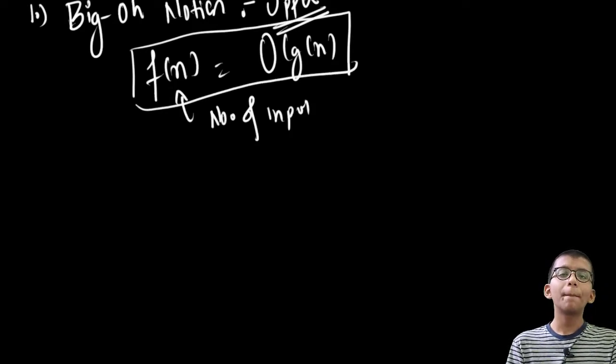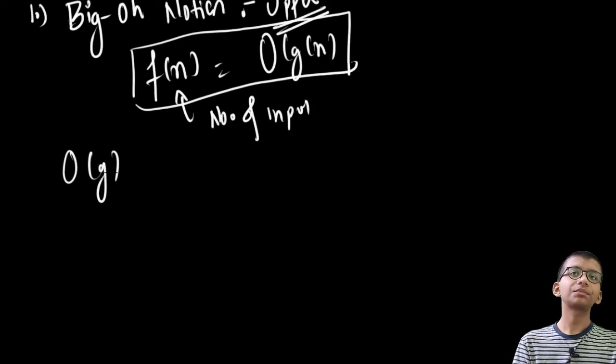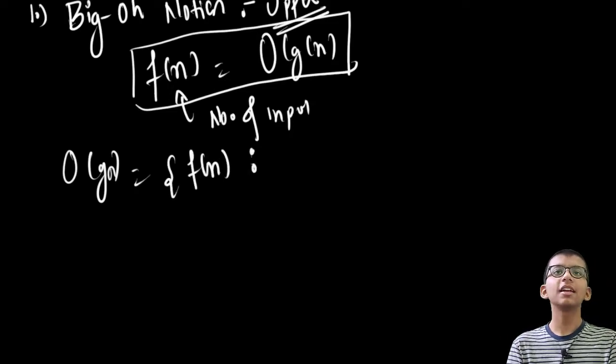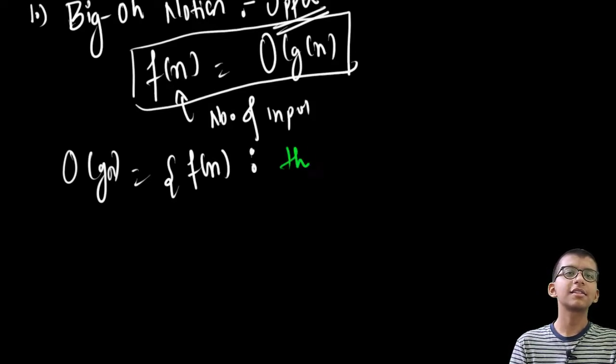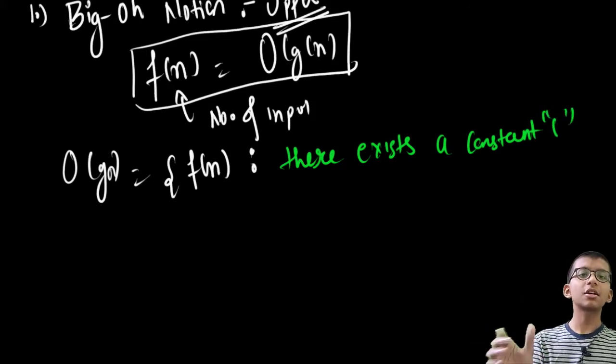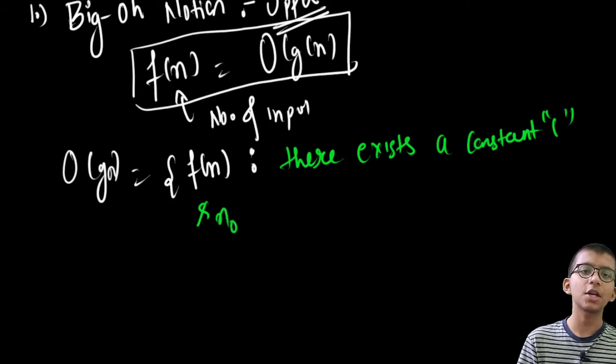For making the condition f(n) = O(g(n)) true, there exist constants c and n naught, or n subscript 0.